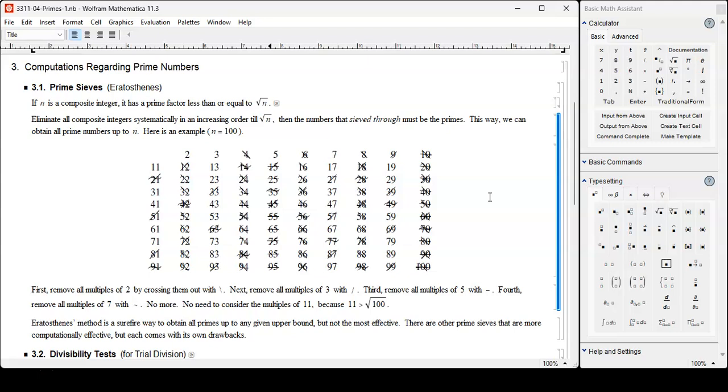There are other prime sieves actually, not the one associated with Eratosthenes, but they all have their own problems. Number one, they're all much harder, much more advanced, so I'm not going to talk about any of those. That's one big reason.